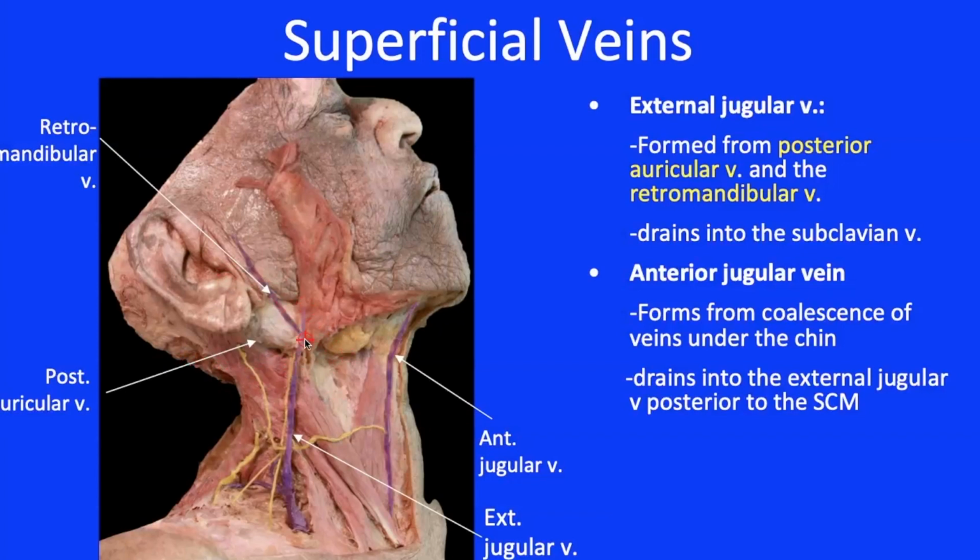The external jugular vein then courses superficial to the sternocleidomastoid muscle and will drain into the subclavian vein. This is the vein that commonly pops out in a patient's neck when they're experiencing right heart pathology. The formation of the anterior jugular vein is much less consistent and is mostly from the coalescence of veins under the chin.